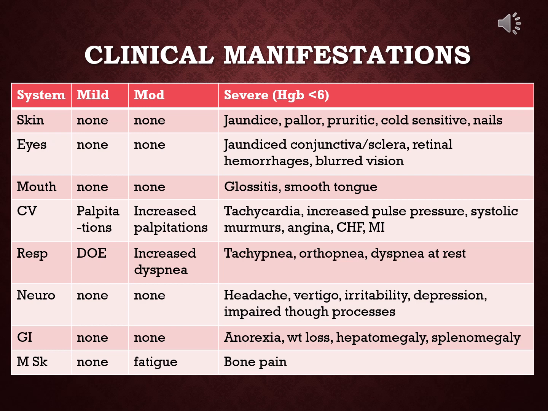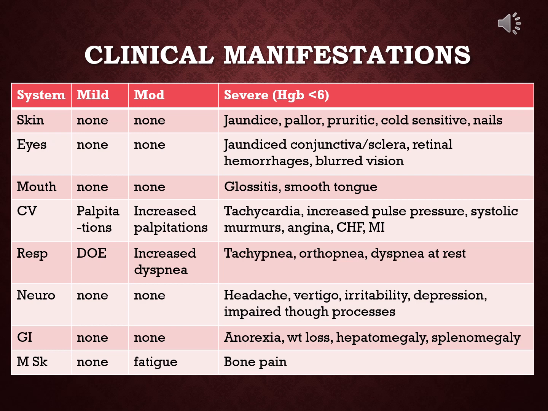This table lists the clinical manifestations of anemia and when they occur in either a mild case, a moderate case, or a severe case. Again, severe being a hemoglobin of less than 6. As you can see with mild anemia, there's not a lot happening.